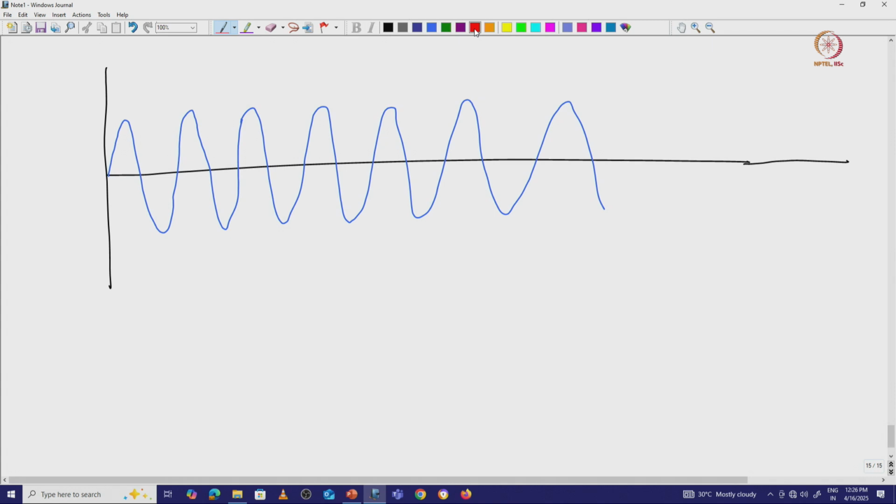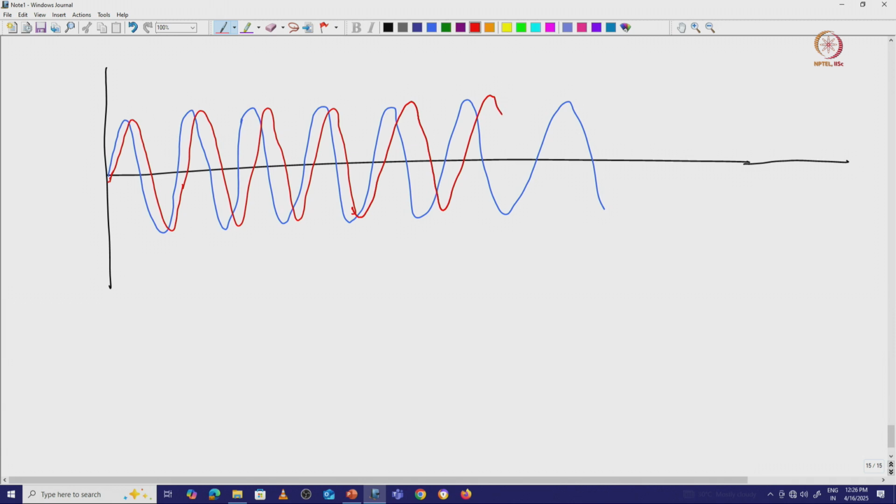The second wave has a small phase difference between the first wave and the second wave. Here the wave is following this pattern. Gradually you can see there is a change between their position. Okay. In the initial phase you can see they are just overlapping each other.